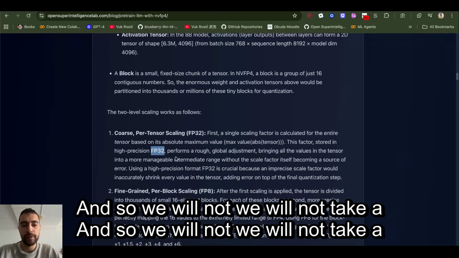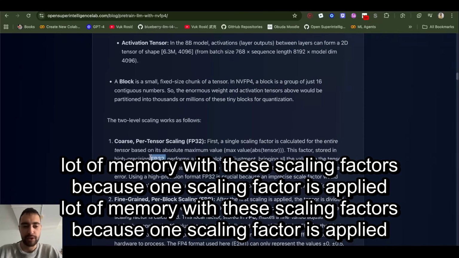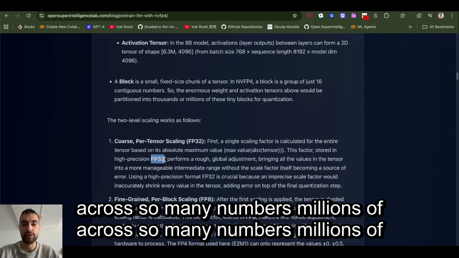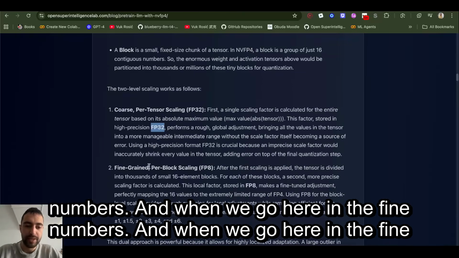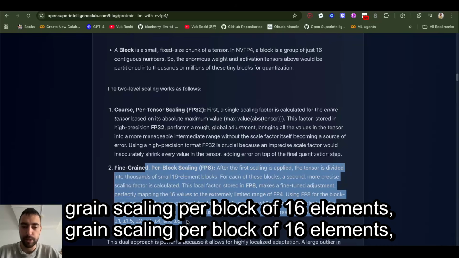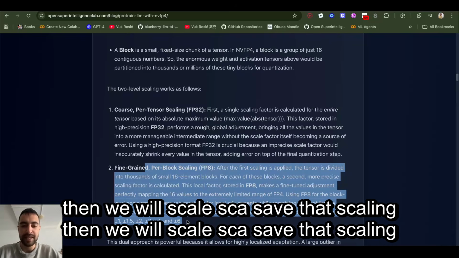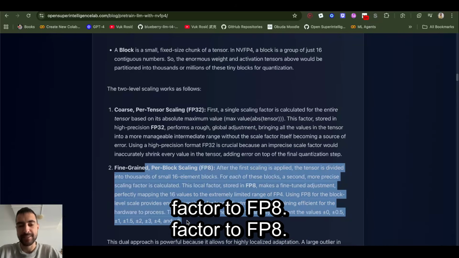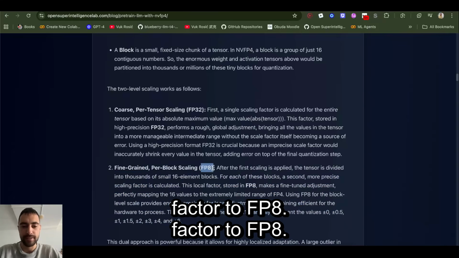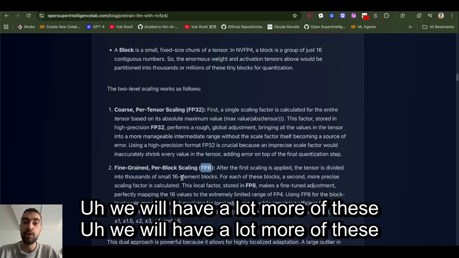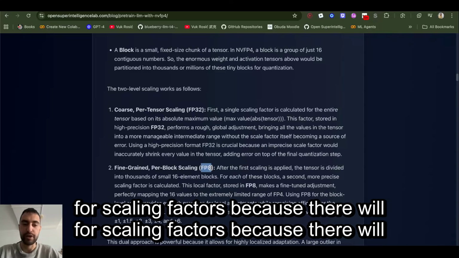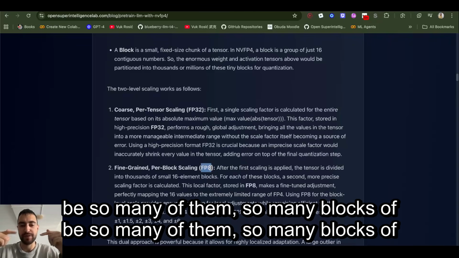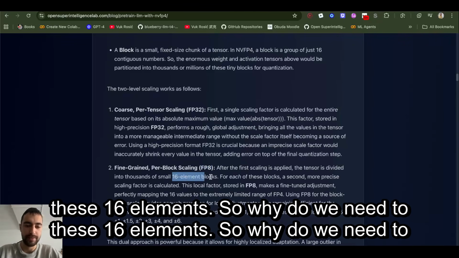And so we will not take a lot of memory with these scaling factors, because one scaling factor is applied across millions of numbers. And when we go to the fine-grained scaling per block of 16 elements, then we will save that scaling factor in FP8. We will have a lot more of these scaling factors. So FP8 helps us not use too much memory for scaling factors, because there will be so many blocks of these 16 elements.